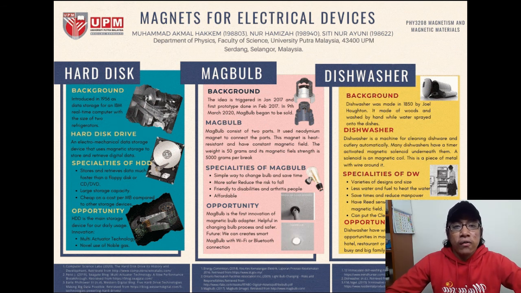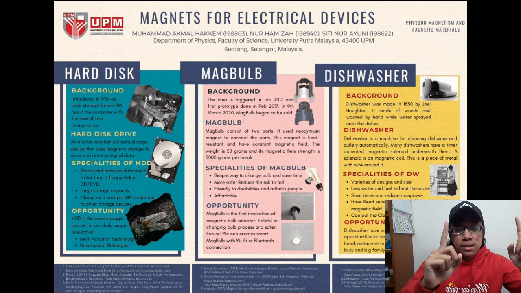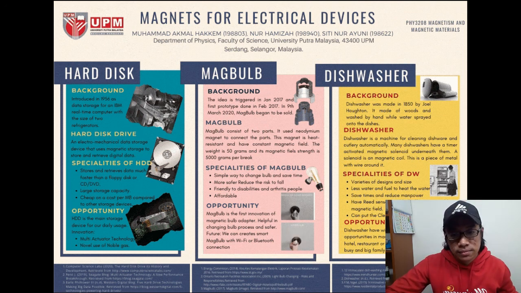Next, the function of the read and write arm is to control the movement of the read and write head above the platter and transform the platter's magnetic field into electrical current to read the disk, and transform electrical current to magnetic field in order to write the disk.